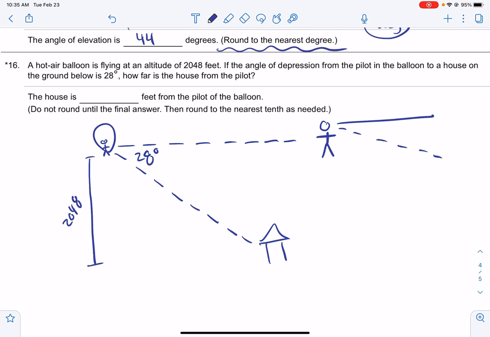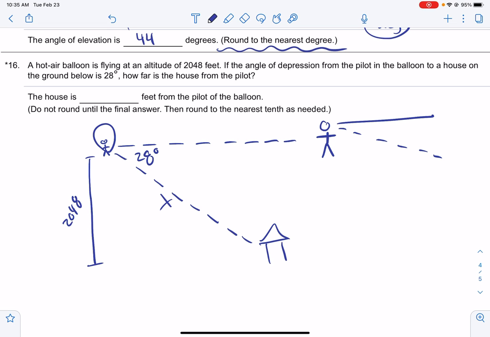Okay? So there's a couple of different ways you can work this problem from here. It wants to know how far the house is from the pilot. So it's actually looking for this distance right here. What's the distance from the house to the pilot?